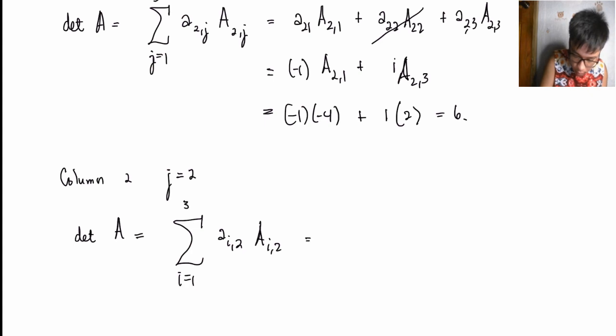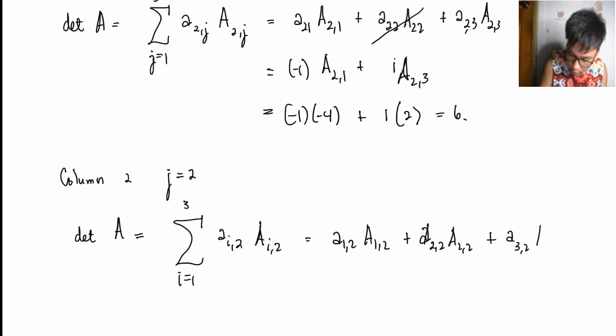So I would have a12 C12 plus a22 C22 plus a32 C32.